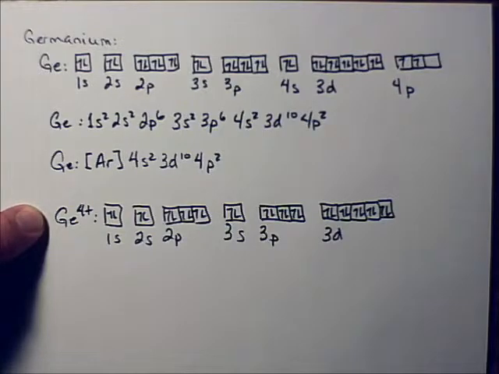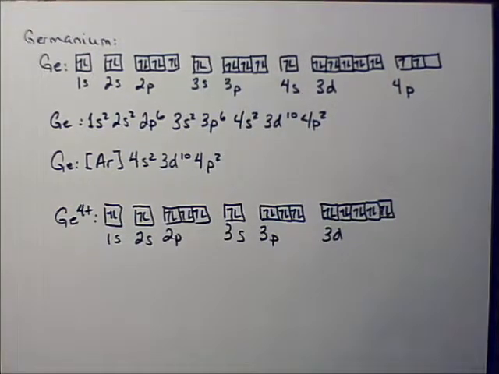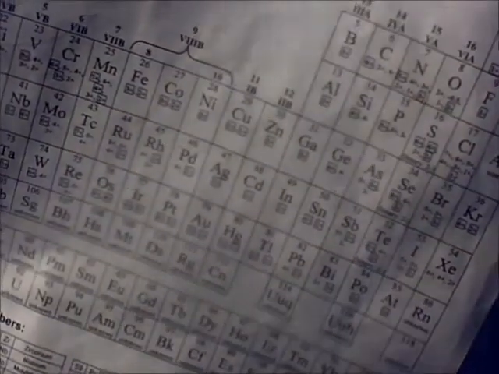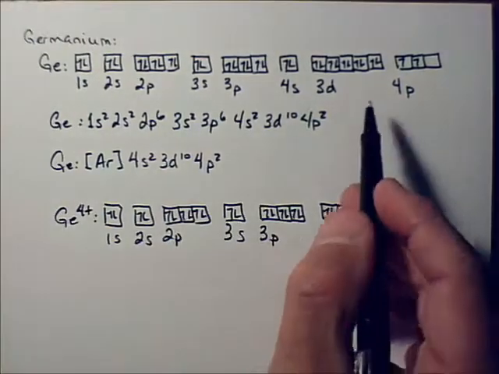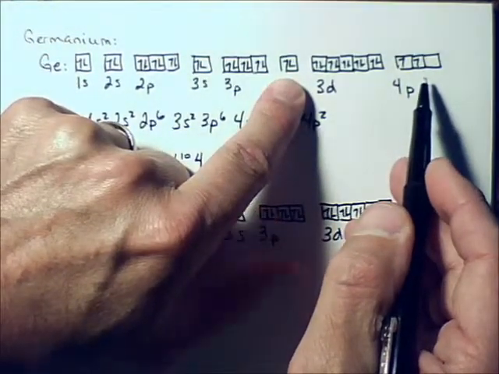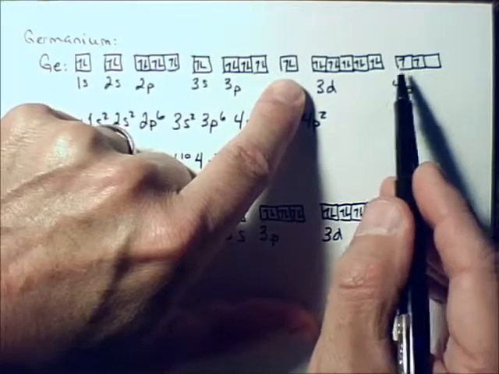Now, what if we want to use the germanium with the 4 negative charge on it? How are we going to do that? Finish filling up 4p.